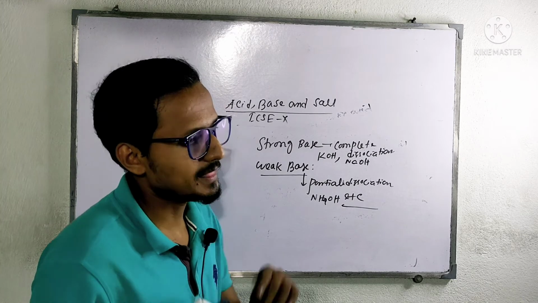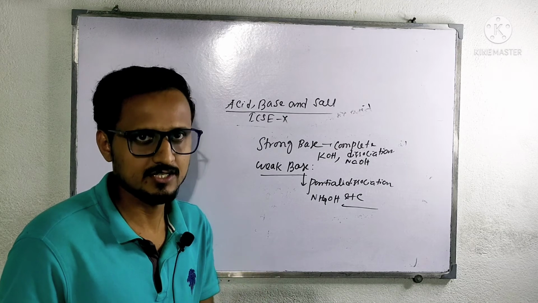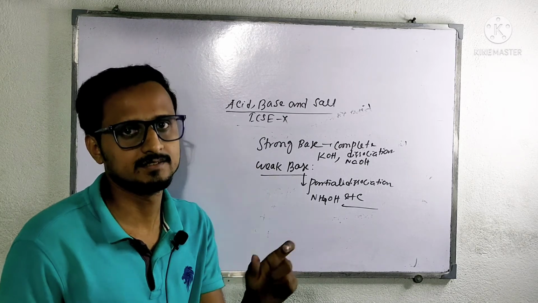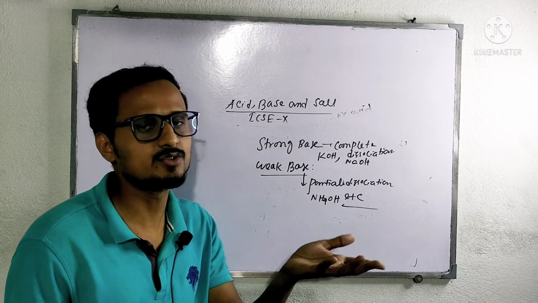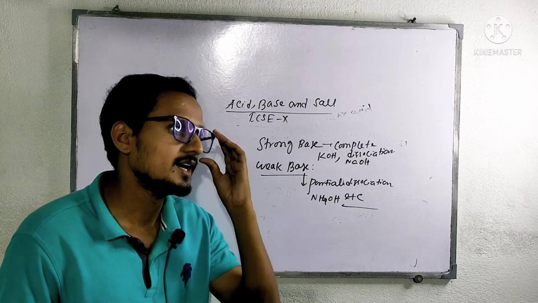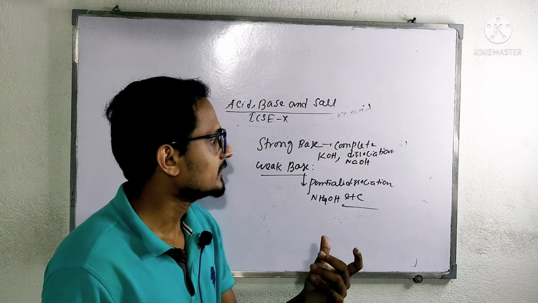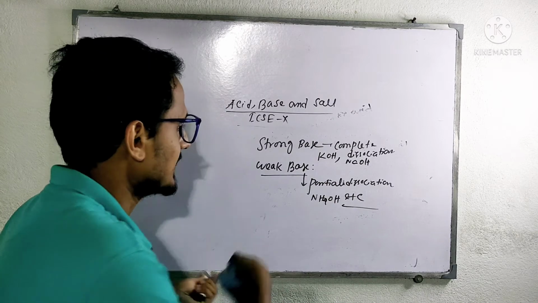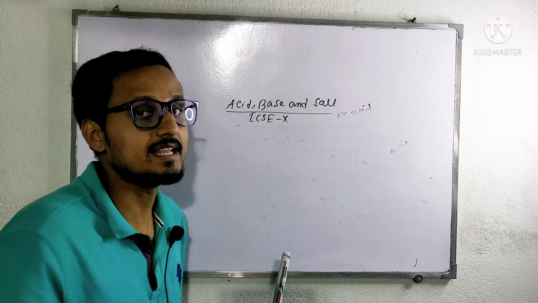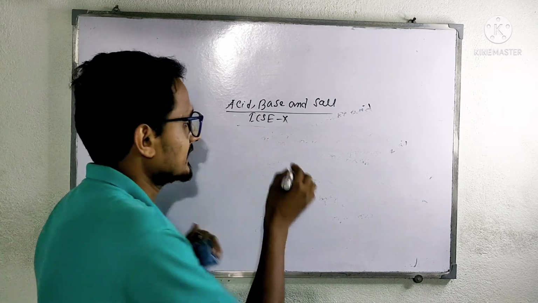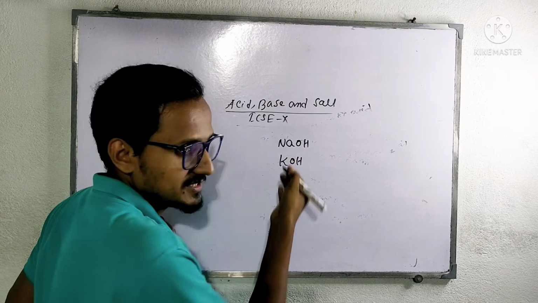Now another common term we use in chemistry is alkali. It is somehow related to the base. What is the difference between alkali and base? Normally all the bases formed by alkali and alkaline earth metals, like sodium hydroxide and potassium hydroxide, are bases.